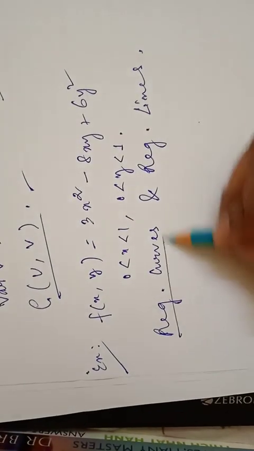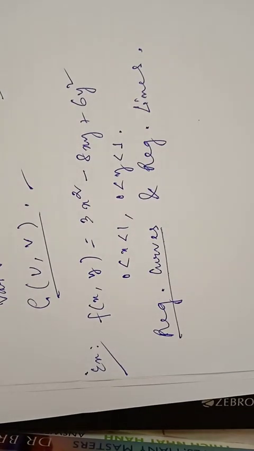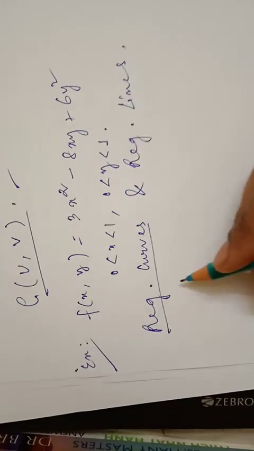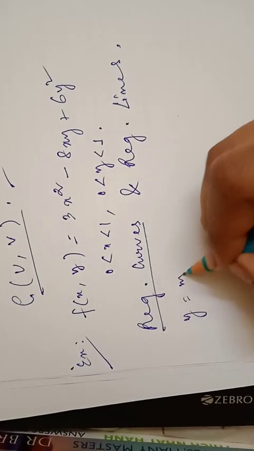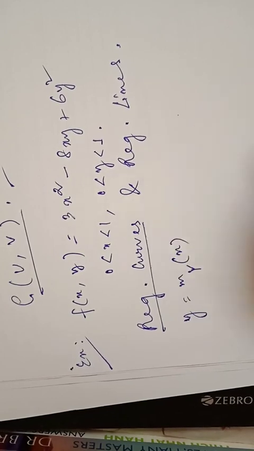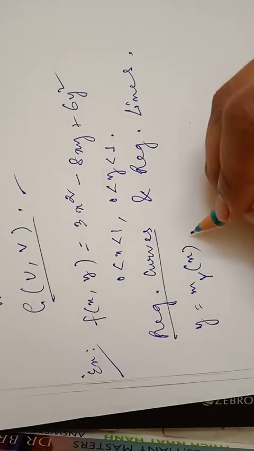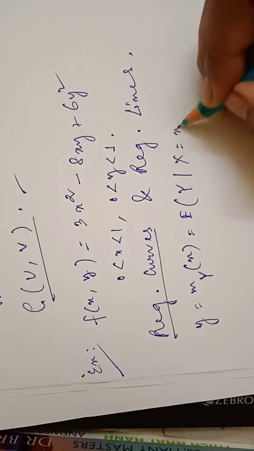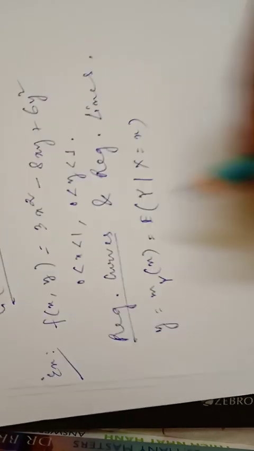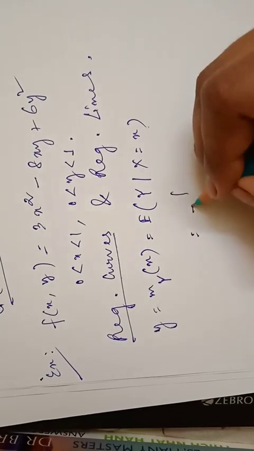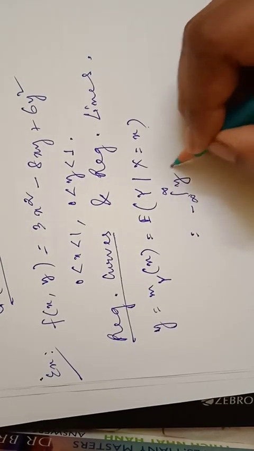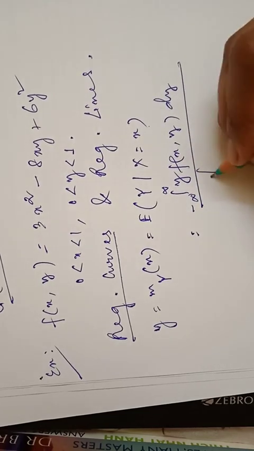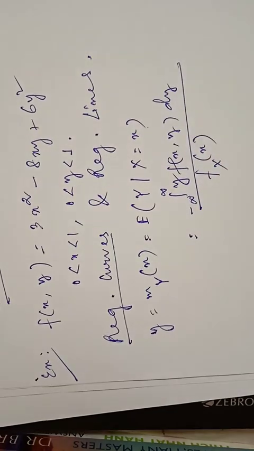So first you want to compute the regression curves. So let's find out the regression curve of y on x. That formula is y equals to myx, right? Now myx means expectation of y when x equals to x is already happened. So it has the formula minus infinity to infinity y fxy dy divided by fxx, right?